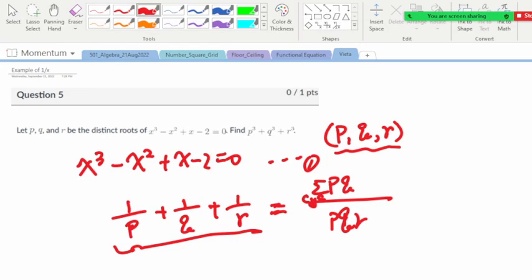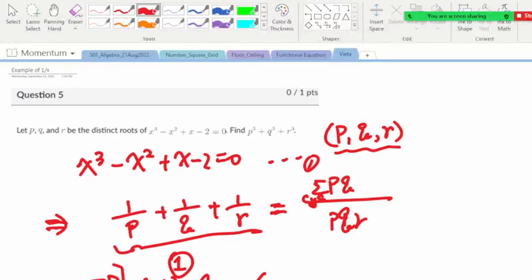So this is the first way to use Vieta. What you know is the sum of all the roots equals, because each term has only one root, the power of one, so it will be negative a(n-1) over a(n), right?